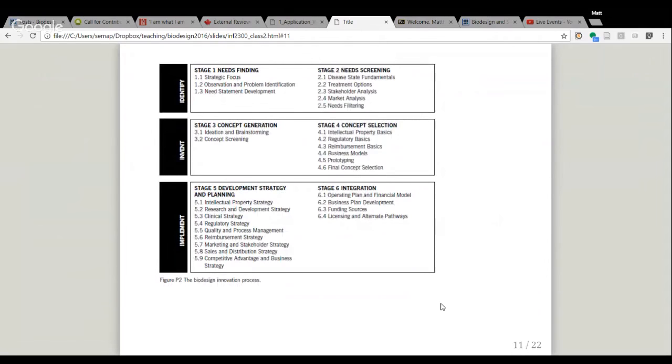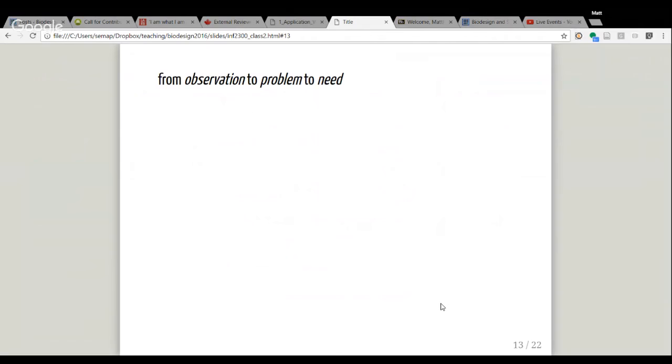If you're following along in the textbook, figure P2, I can't remember the page number, but one of those pages lays out the entire process. And for the next couple of weeks, what we'll be focusing on is this strategic focus and observation and problem identification, with the lecture today really talking about 1.1 strategic focus and giving you a bit of an overview of that.